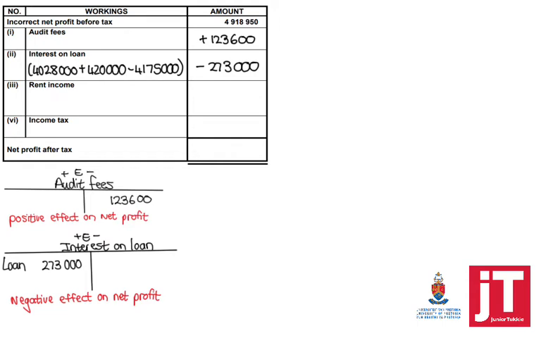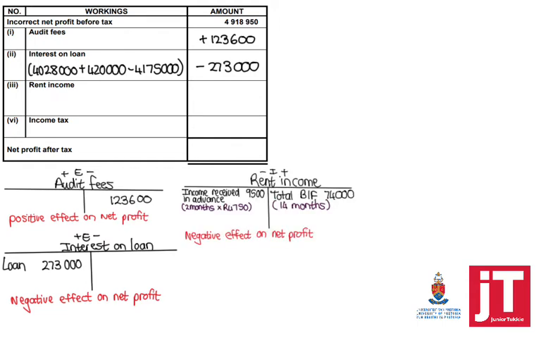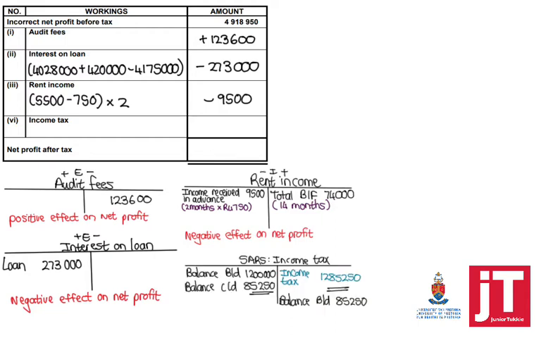Adjustment number 3, we had to calculate the rent income. The rent was received in advance, which means we had to take out the rent, which will negatively affect the net profit. This is why it must be indicated with a minus. Income tax was calculated.